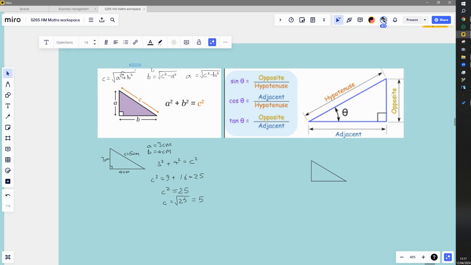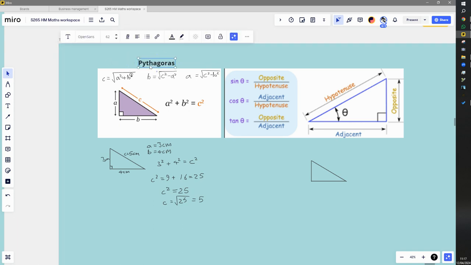Let's give these a title as well. So this is Pythagoras on the left. And this one over here is trigonometry.